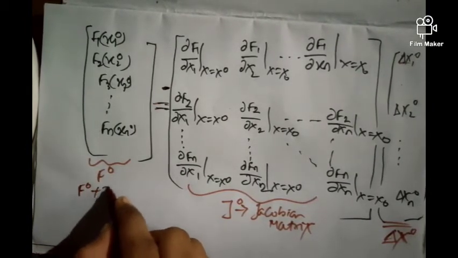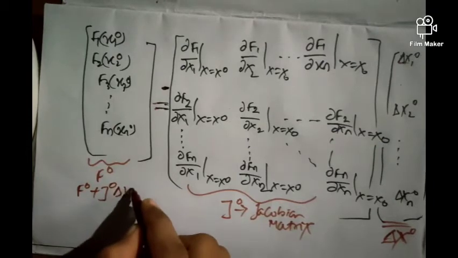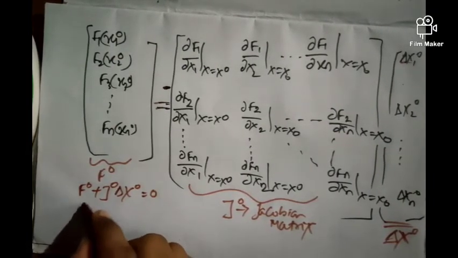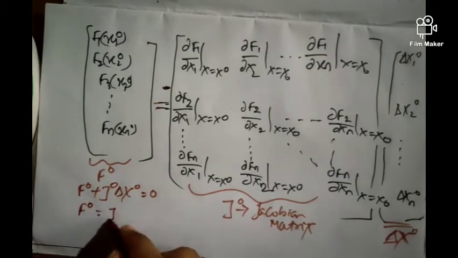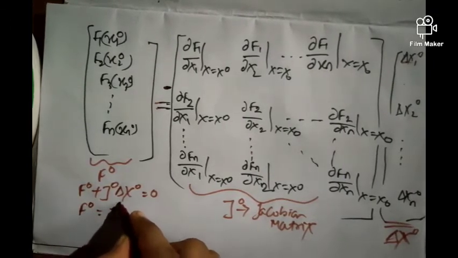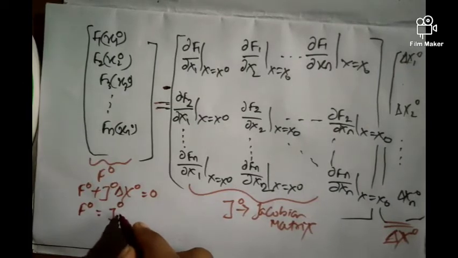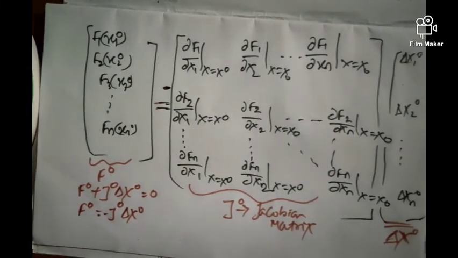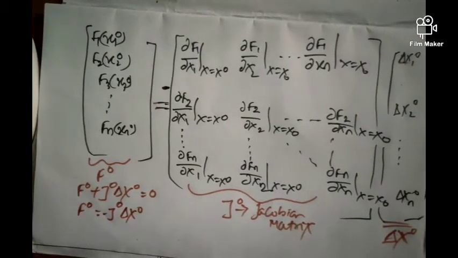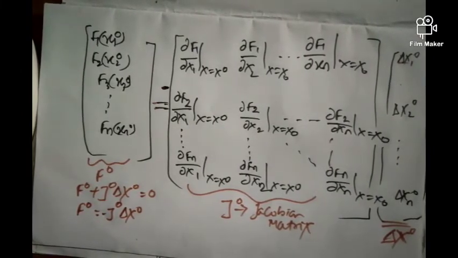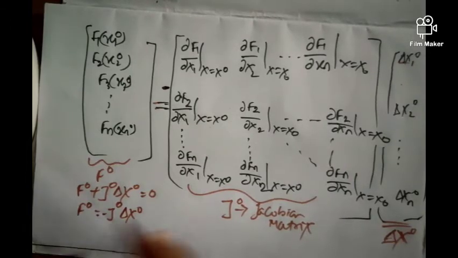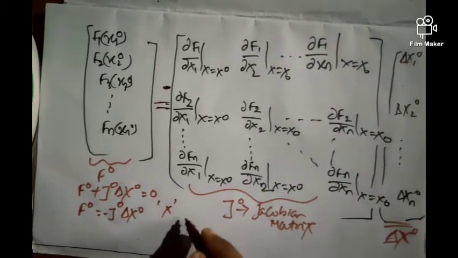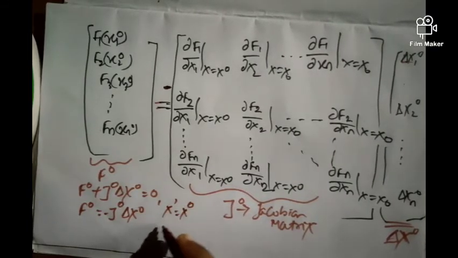So the equation is f0 plus J0 del x0 equal to 0. Now we transfer the Jacobian term with del x0 to the right hand side, so we get J0 del x0 with a negative sign. We evaluate the partial derivatives with respect to the design vector x at x equal to x0.